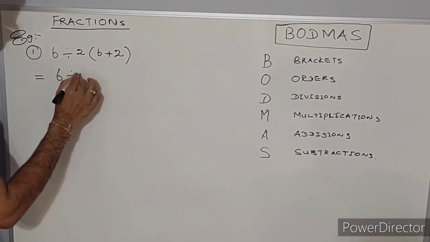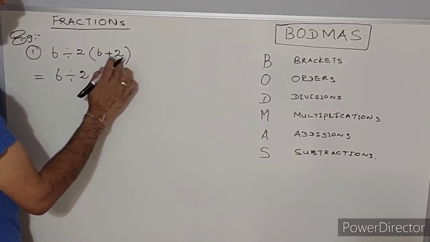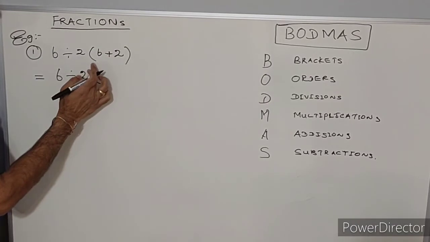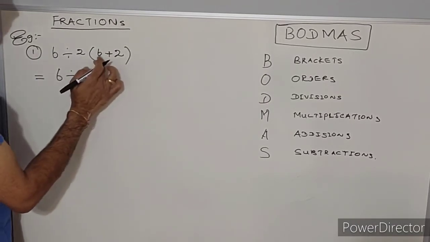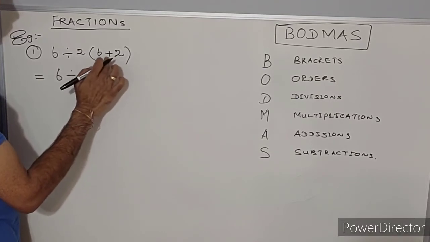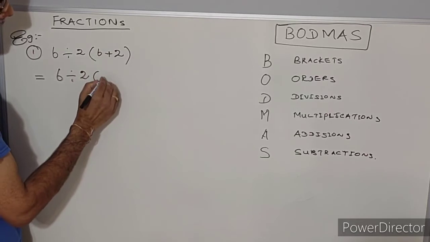6 division 2. Okay. This one we have to resolve first, because first we have to resolve the brackets. What we want to do inside, we have to add both. That's what it is saying. In these brackets, we have to add 6 plus 2, 8.